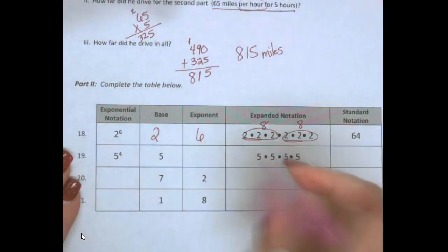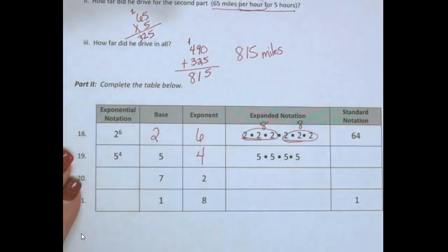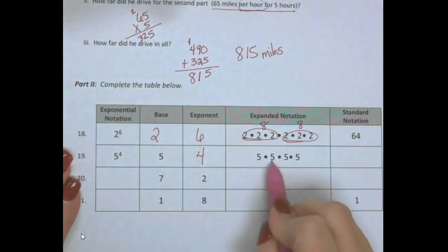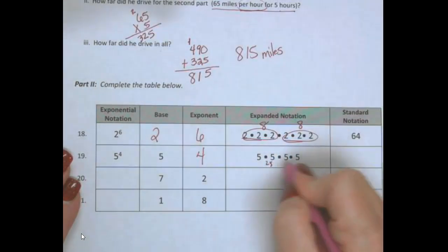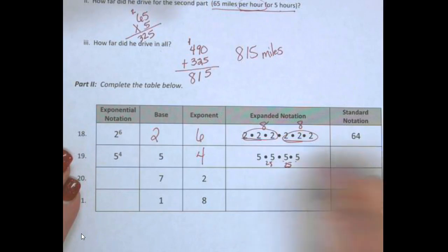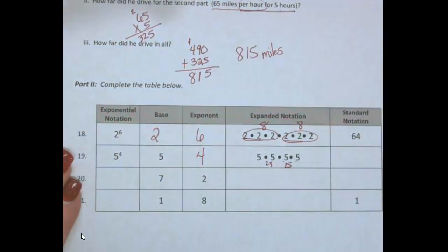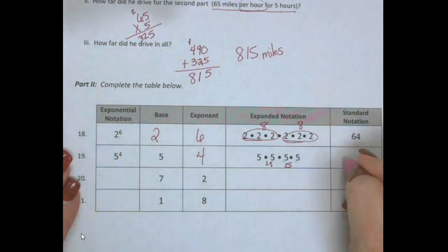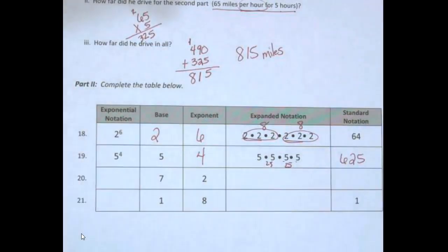My exponent is 4. 5 times 5. Then 5 times 5. 25 times 25. 625.